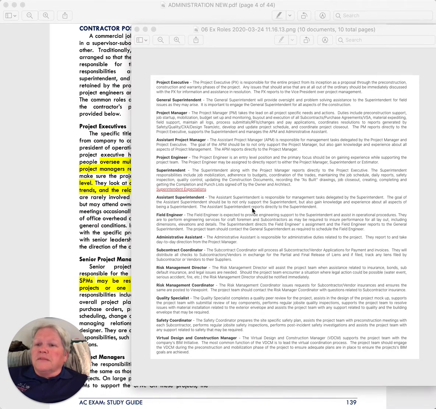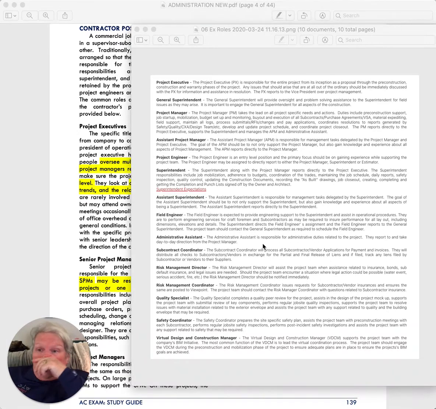Some of the larger jobs you have may have multiple assistant superintendents working for a single superintendent. And a field engineer is someone that helps with surveying or laying out the building or reviewing submittals, things of that nature.